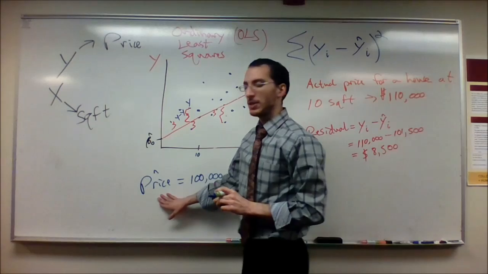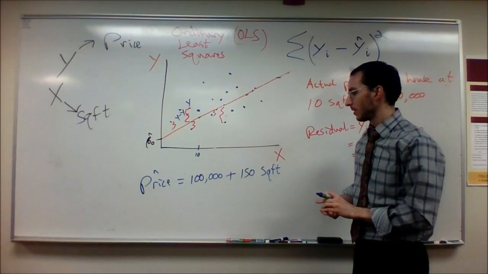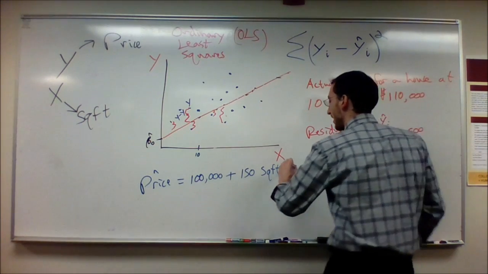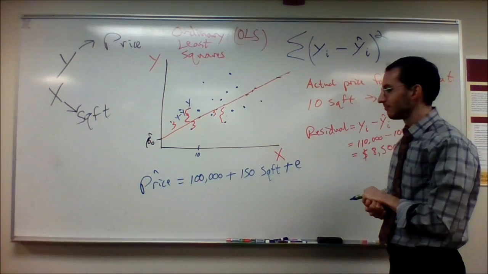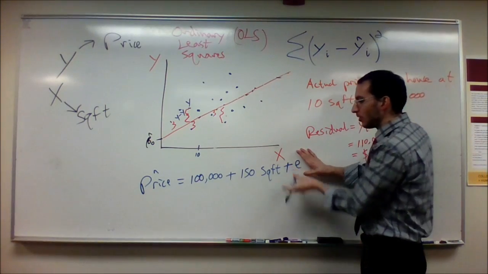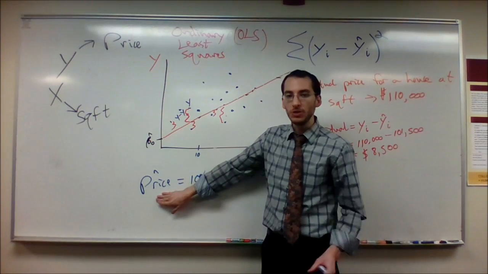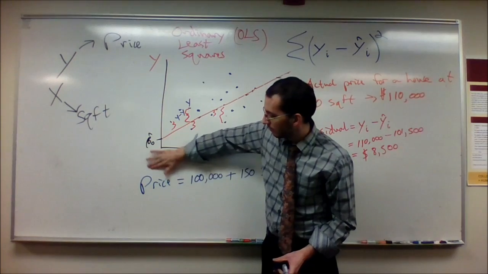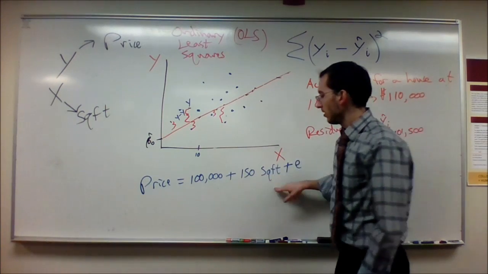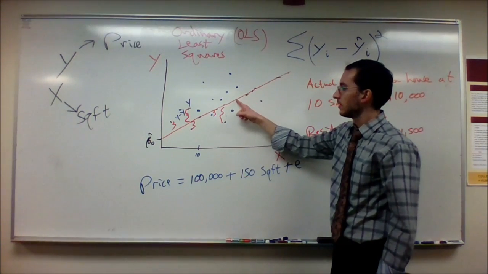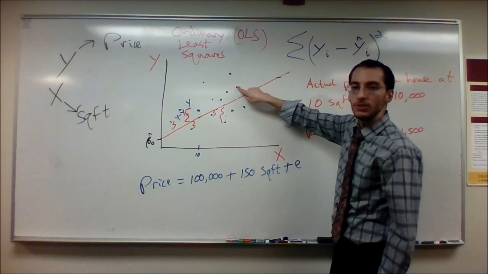Remember, we put the hat on this because we're estimating price. But here's where it's really cool. We can add in a term on the end here for the residual. When we add the residual into our estimated model, we get the actual observed price back from our data. Because the model, again, is this line, and then if I add in the residual, it takes me to the actual price.